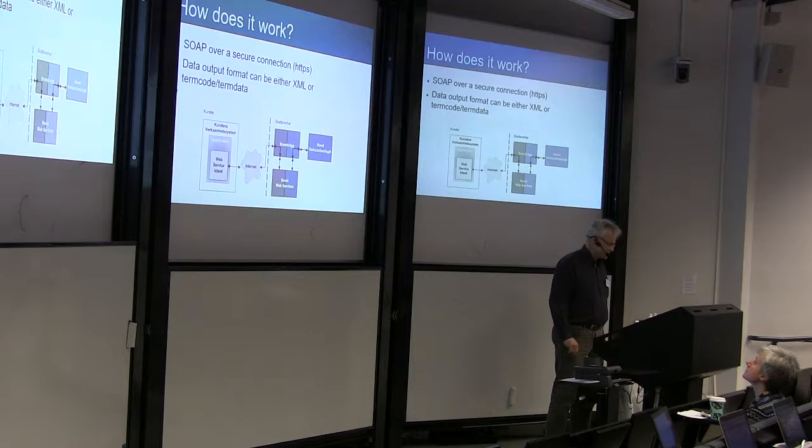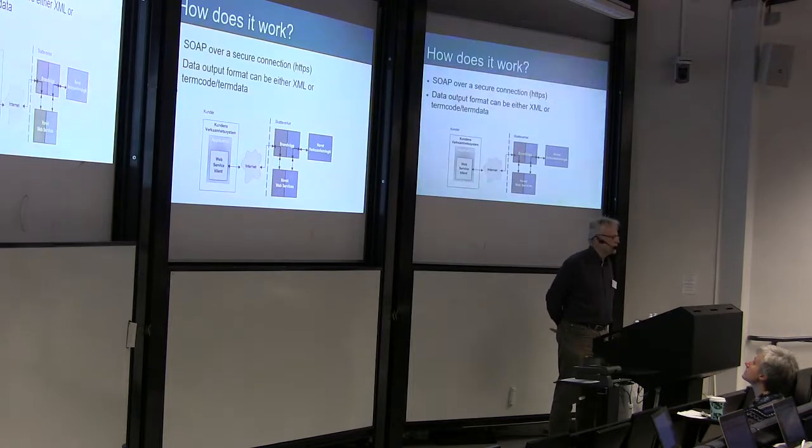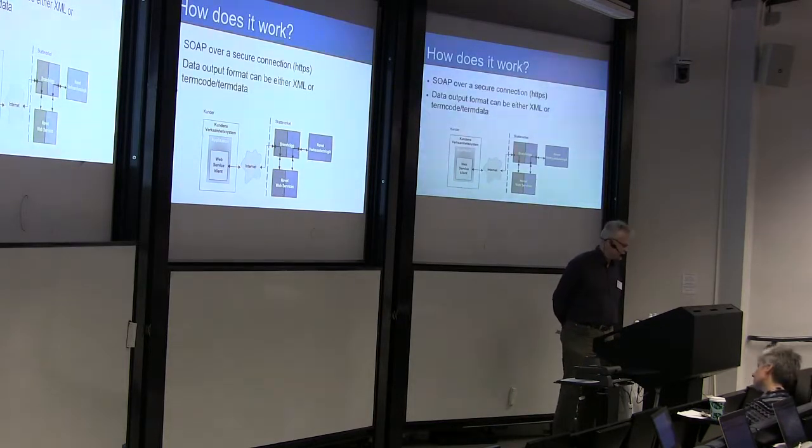It's XML based and over a secure connection. And the data output format can be either XML or what they call term code or term data format. That's basically just a flat list of key value pairs. But usually you would want the XML format.